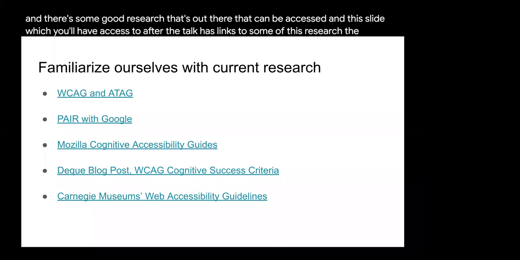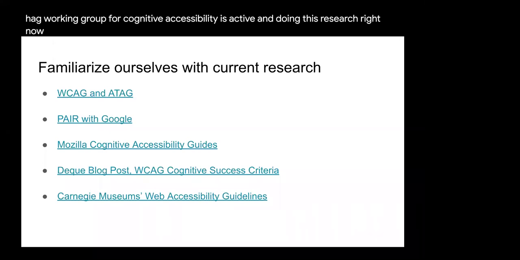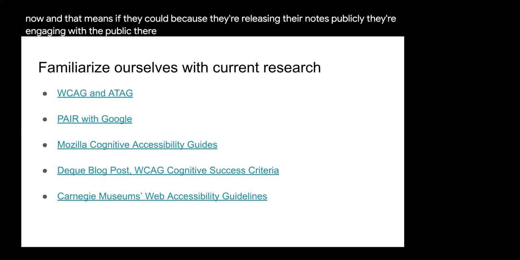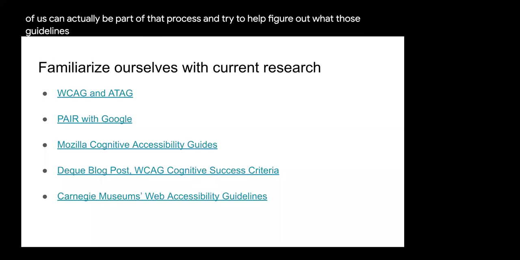The WCAG Working Group for Cognitive Accessibility is active and doing this research right now. Because they're releasing their notes publicly, engaging with the public, and posting it all on w3c.org, any one of us can actually be part of that process and help figure out what those guidelines might look like.